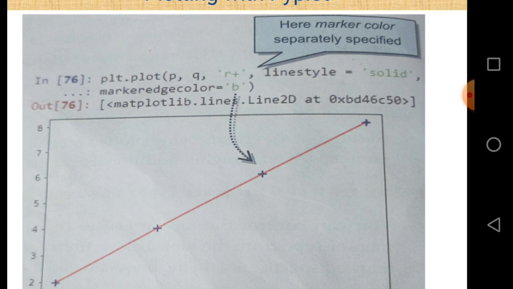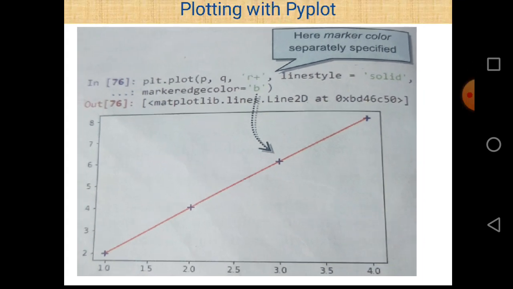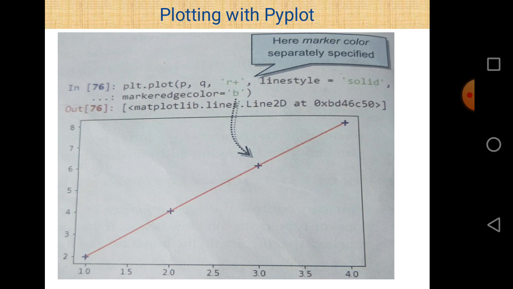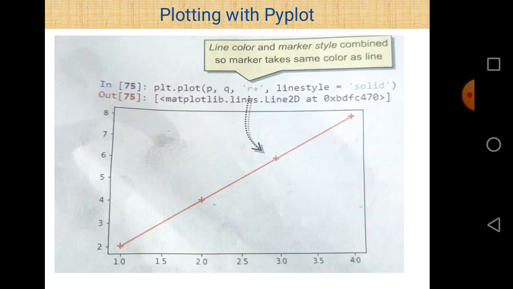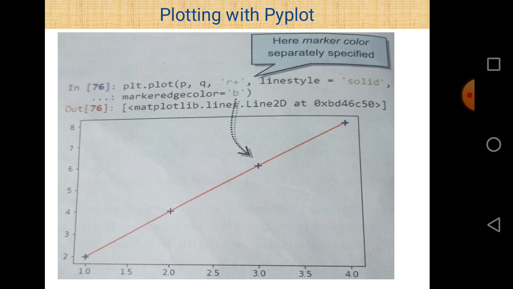Here the marker edge color is b, so the marker color is different. In the previous case the marker color was red, and in this case it is different, because here we define it separately. b represents blue, that's why a blue color appears here. So the marker edge color here is blue. So between part 2 and part 3 there is a difference of marker edge color only.